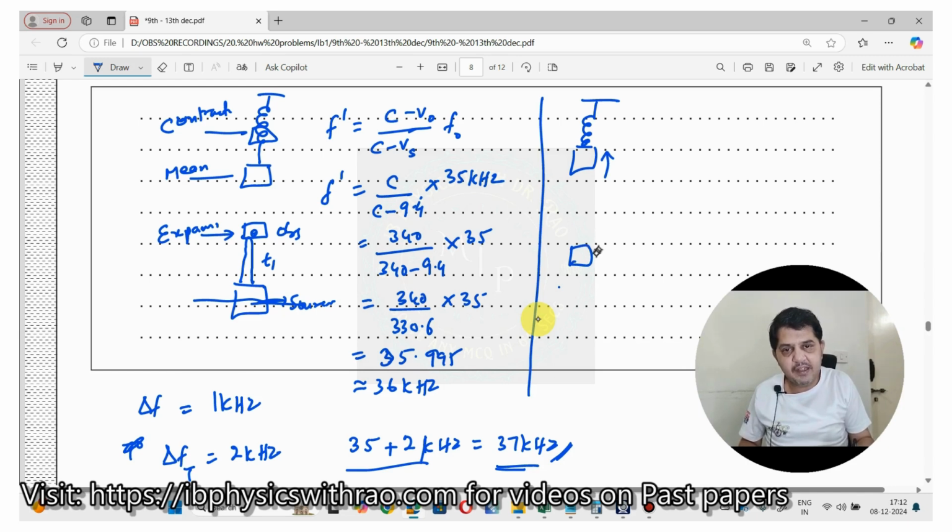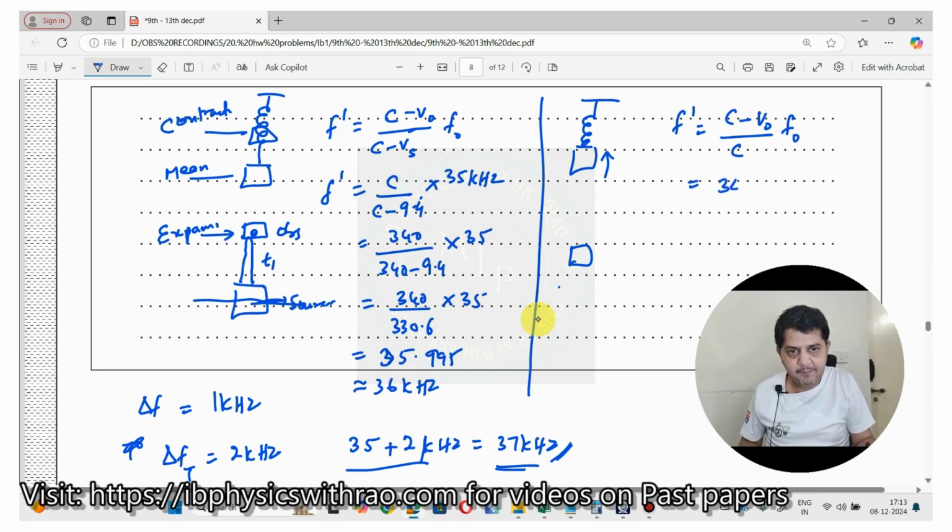The observer is going away from it, right? Now your F dash will now be equal to C minus V0, V0, observer is moving, divided by this Vs I will consider 0. Okay, C divided by F naught. When I do this value, so what do I get here?